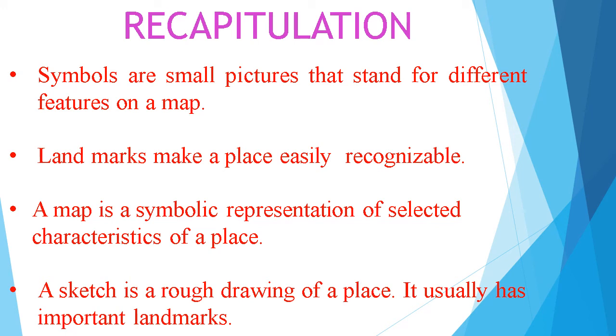Landmarks make a place easily recognizable. A map is a symbolic representation of selected characteristic of a place. A sketch is a rough drawing of a place. It usually has important landmarks.